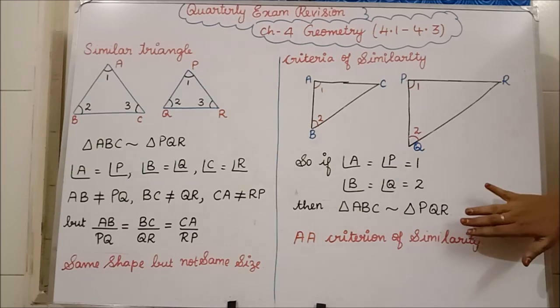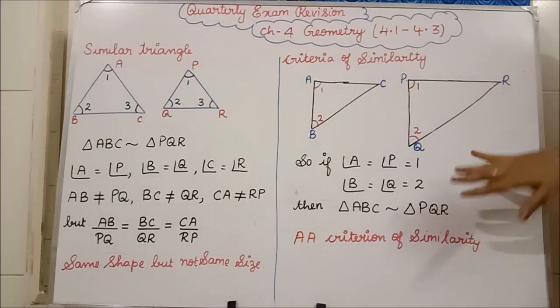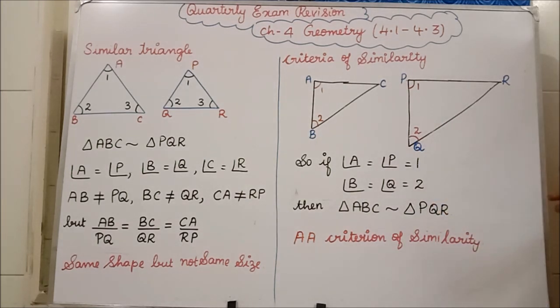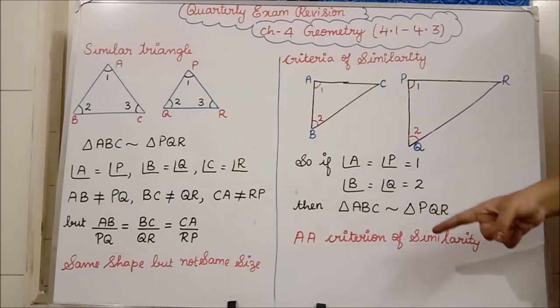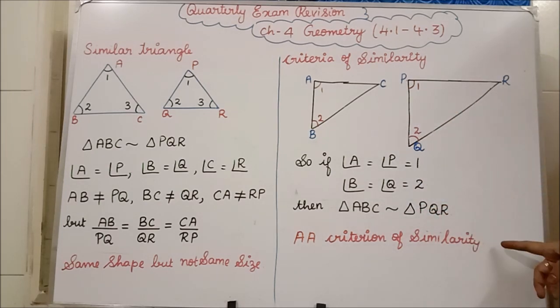Students, only using the AA criterion of similarity we will be solving most of the problems in exercise 4.1. So understand the AA criterion easily. AA means angle criterion of similarity.